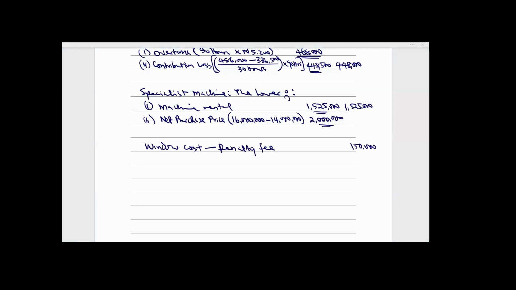The meetings will require 2 days of the chief executive's time. The chief executive is paid an annual salary of 41,400,000 and is contracted to work 260 days per year. So that 41,400,000, is it relevant or irrelevant? Not relevant. Why?